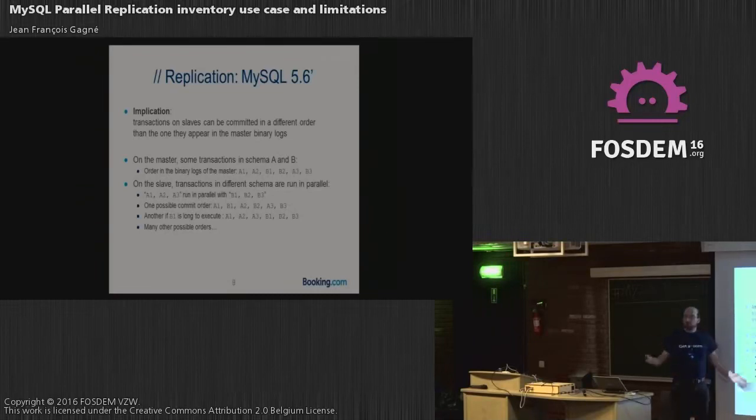One possible commit order on the slave can be A, B, A, B, A, B. That makes sense. But if B1 is really long to execute, you will have A1, A2, A3, B1, and then the other B2, B3. So that is something new, and we have to be aware of that.